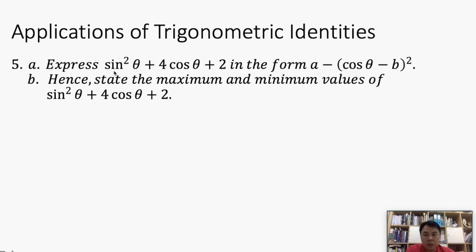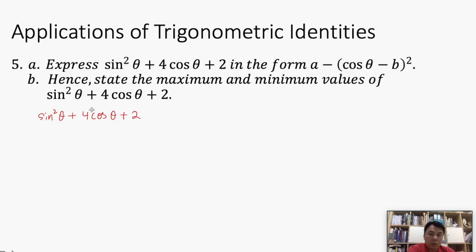If you are not very comfortable with sine square here, by all means, change it to a different letter to represent the equations. But before that, we will need to rewrite this so that it only consists of a single trigonometry ratio, because a mixture of trigonometry ratios is tougher to handle here.